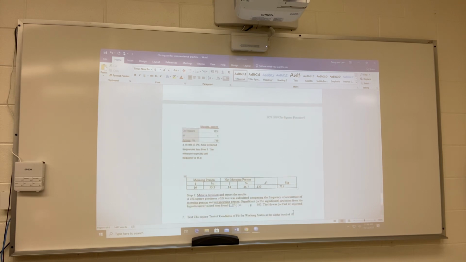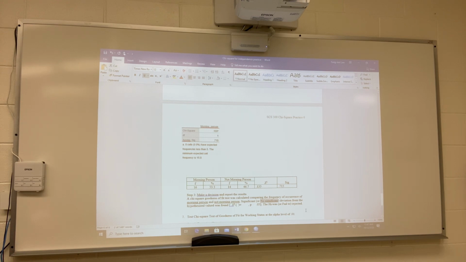A chi-square goodness of fit test was calculated comparing the frequency occurrence of morning and non-morning persons. No significant deviation from the hypothesized value was found, because it's greater than 0.05.